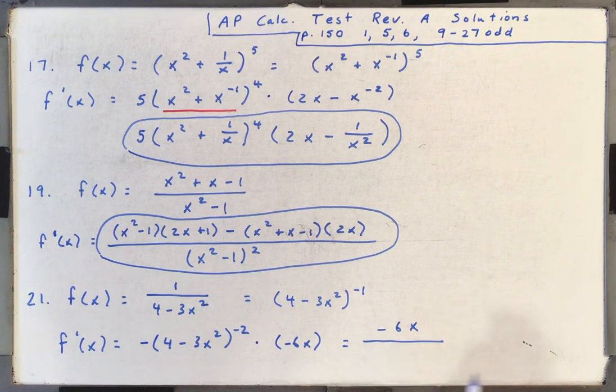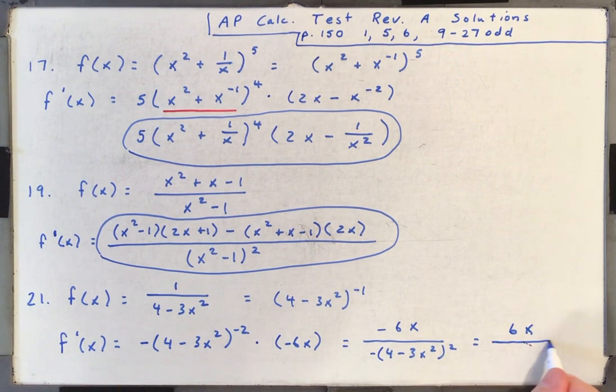The negatives are going to cancel, but I'll go ahead and write it over negative 4 minus 3x squared, all squared on the bottom. The negatives cancel, and you end up with 6x over 4 minus 3x squared, all squared.